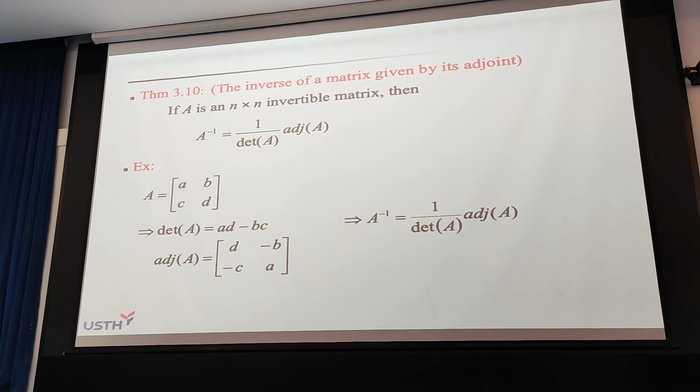Then the inverse to be here: A inverse will be 1 over determinant A multiplied by adjoint of A. And now it is very easy to write down the formula. So you see, for the case of a 2 by 2 matrix, it is very easy to find the inverse. And obviously, we always suppose that AD minus BC is non-zero.